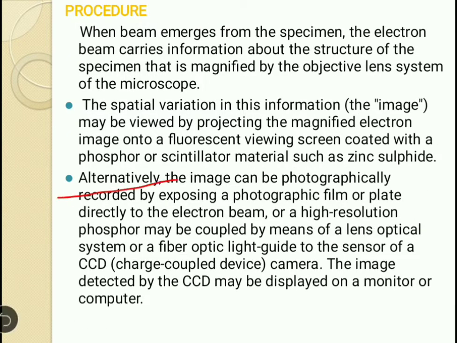Alternatively, the images can be photographically recorded by exposing photographic film or plate directly to the electron beam, or a high resolution phosphor may be coupled by means of a lens. So these are the techniques that can be used. First, it can be reflected on the beam or a fluorescent screen, or it can be recorded by using a photographic film. Various techniques are used. Now we can see the next type.